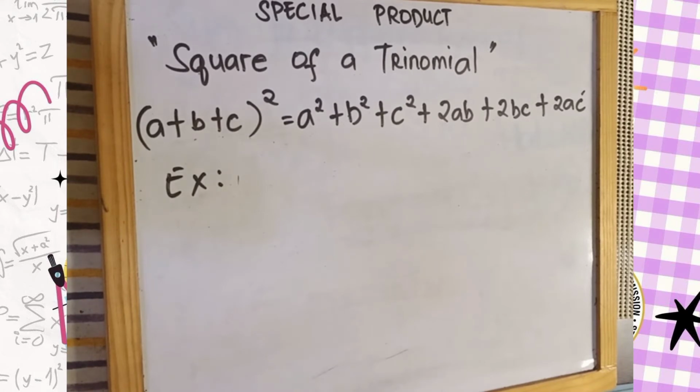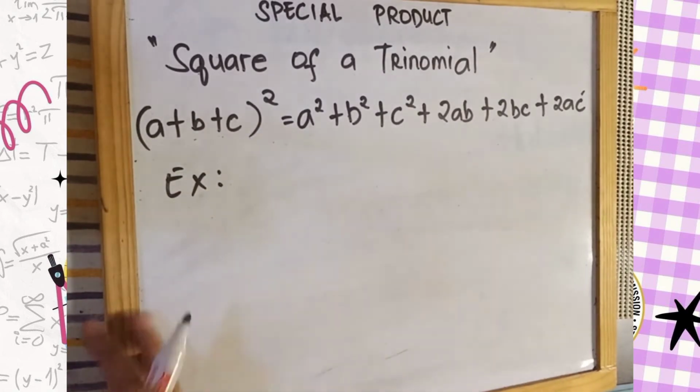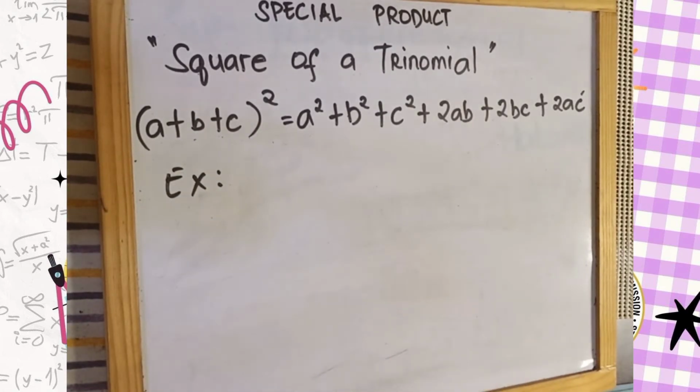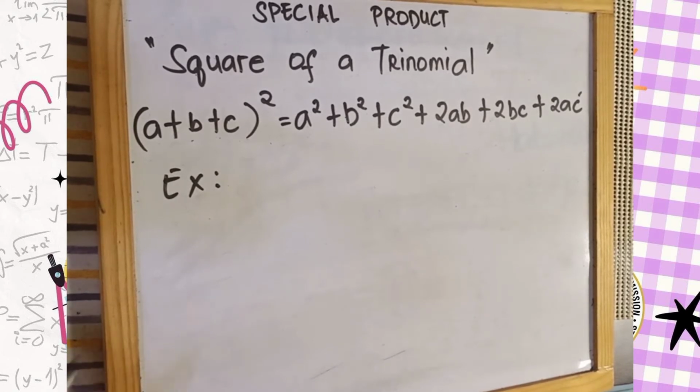Okay, so let's have another example. So, nalilito pa ba? So, let's just have another example. Sabi nga nila, practice makes perfect. So, let's just practice at makakabisado din natin itong formula. Okay, so let's have another example.